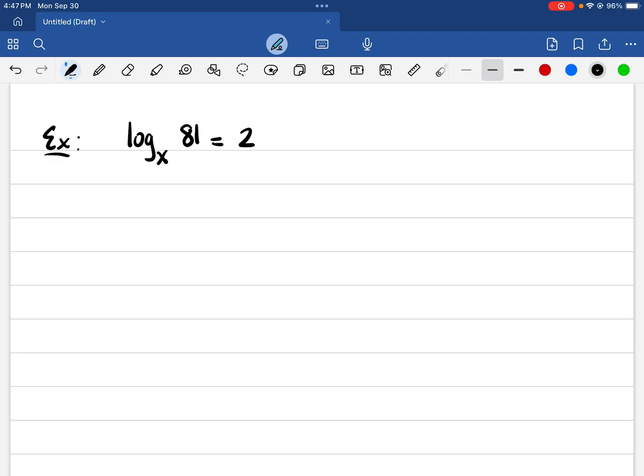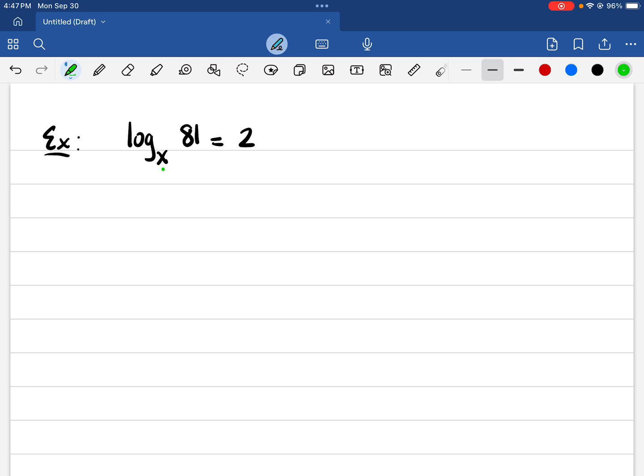So you can clearly see we do not have logs on both sides, so we cannot just drop the logs and set the rest of it equal. Can't use that property of equality. So we're going to go to that loggy froggy and change this to an exponential form, so that then that might help us to solve this equation.